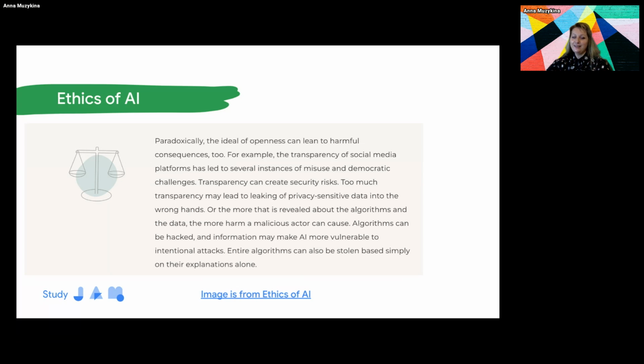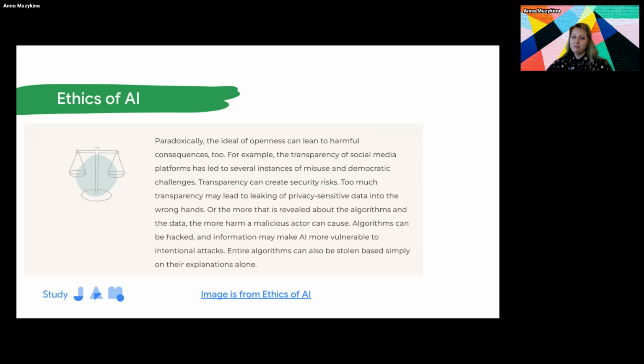And with AI, it's the same deal. If we lay everything bare, we are basically handing a roadmap to anyone who wants to mess with the system. Hackers, bad actors, you name it. They can exploit vulnerabilities, steal algorithms, even leak sensitive data.